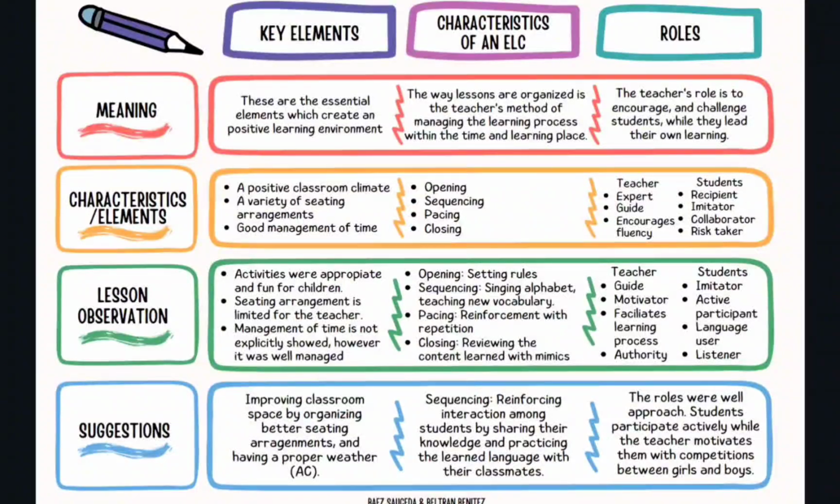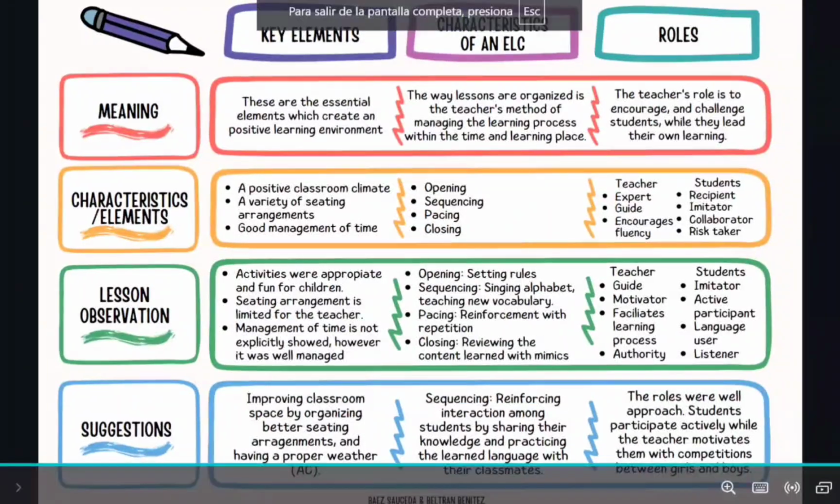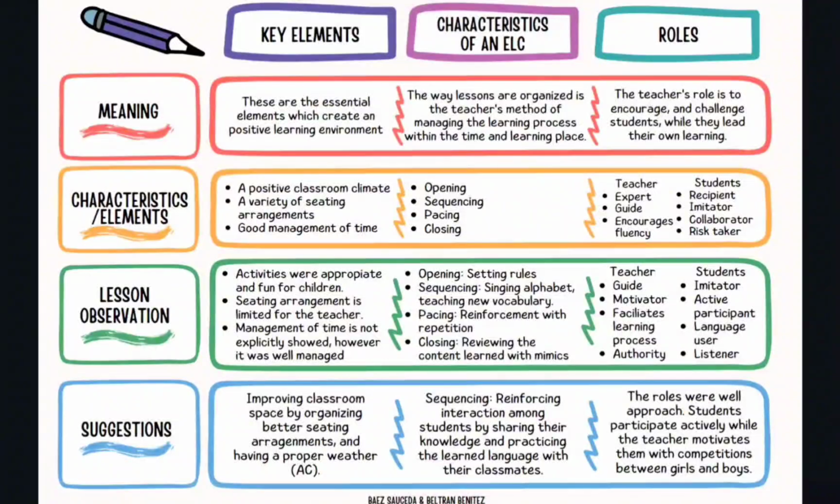Closing: we saw that he reviewed the content learned with mimics and let the students repeat with him what he said first. Now for the suggestions on the characteristics of an English language class.